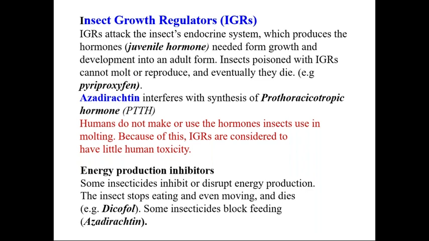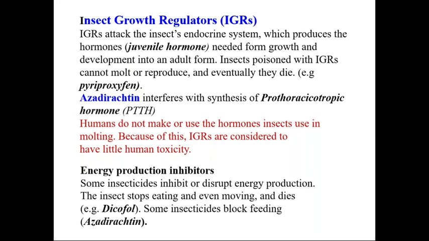Azadirachtin, which is a natural insecticide obtained from the neem fruit, interferes with the synthesis of the prothoracicotropic hormone of the insect. Again, these insect growth regulators are not toxic to humans because we do not make these hormones of molting. So the IGRs are considered to have little human toxicity.